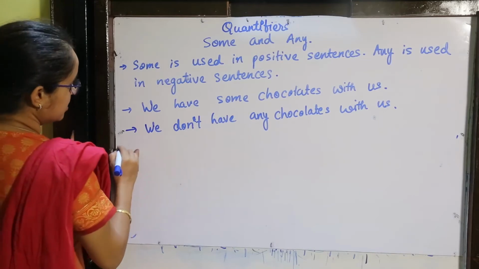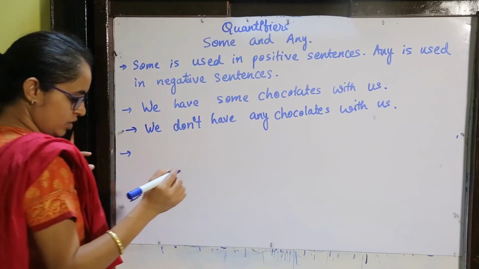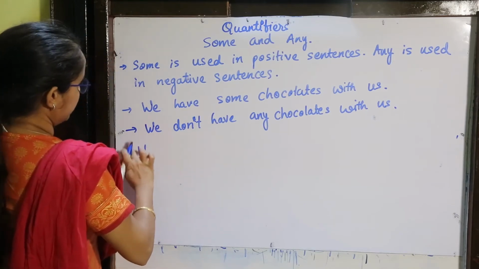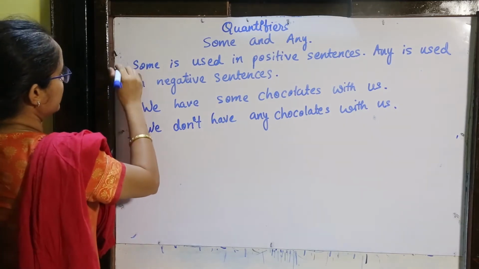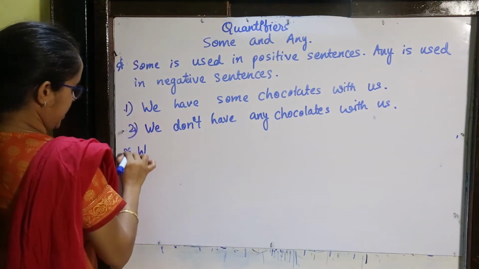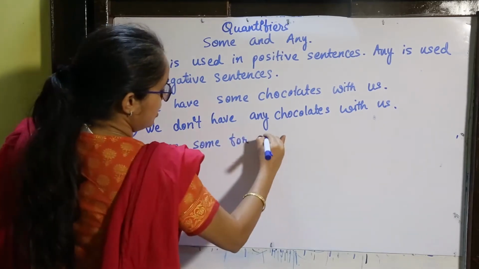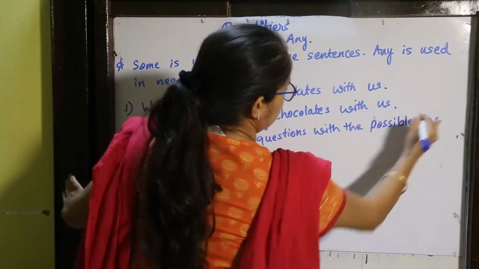Okay, then second point, we use some for questions with a possible yes answer. Write this as the second point, with a star. Now you write this: we use some for questions with a possible yes answer.